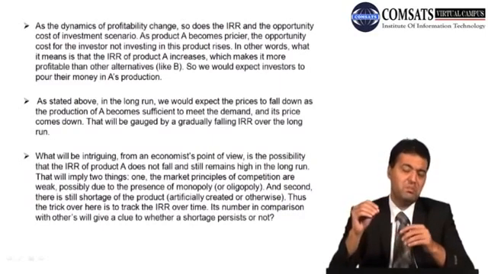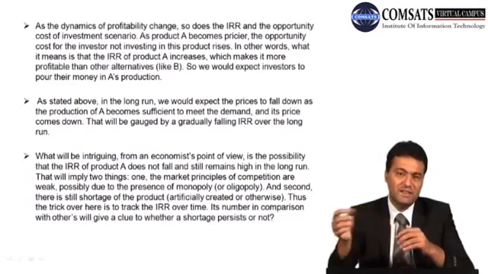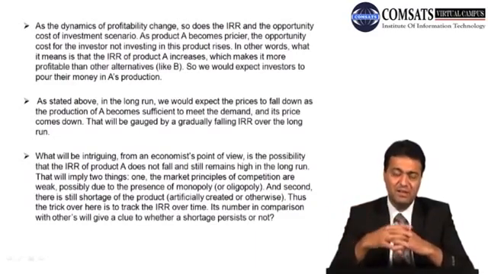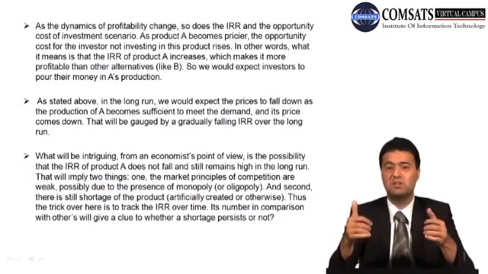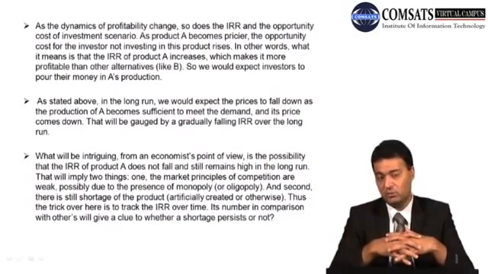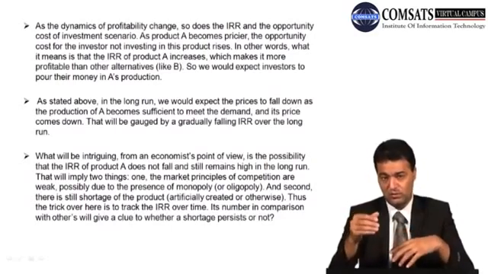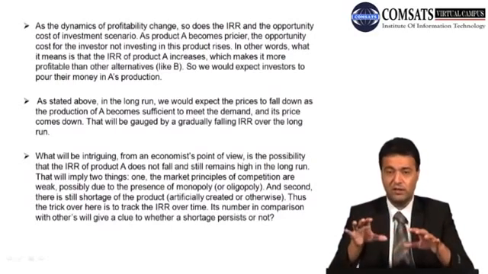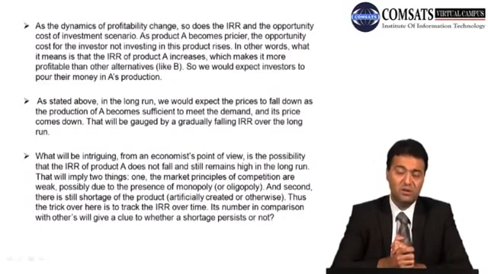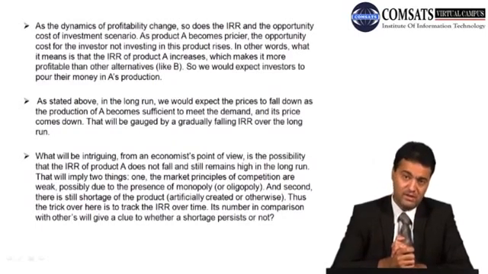Has it stayed the same over the long run? Has it increased? If it has increased or stayed the same, then it means that the shortage which was there in the short run still persists, and for this product whose internal rate of return has stubbornly remained the same, or hasn't declined, there is still a lot more demand for it than there is supply.